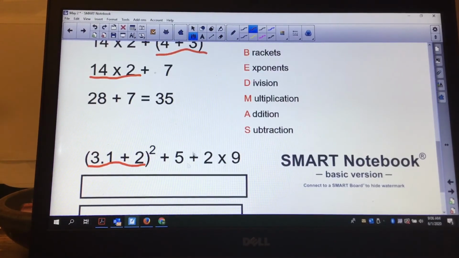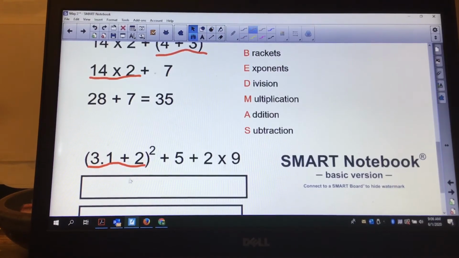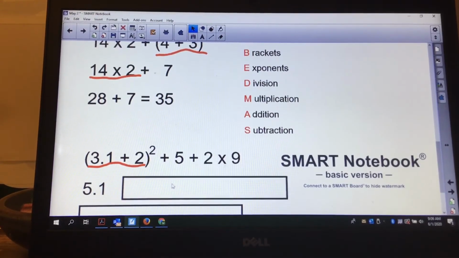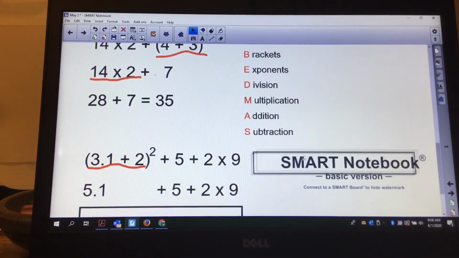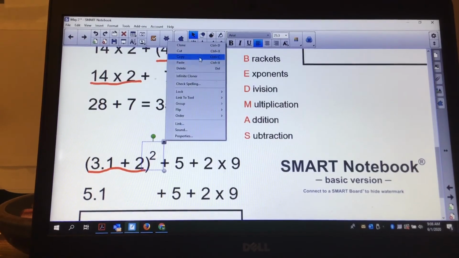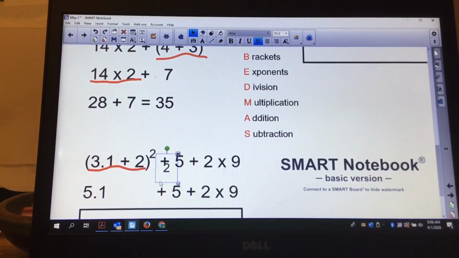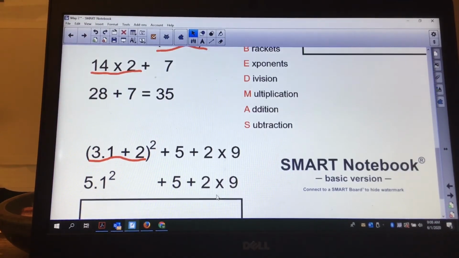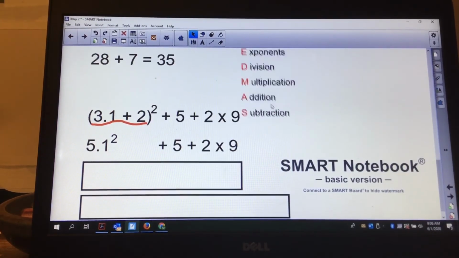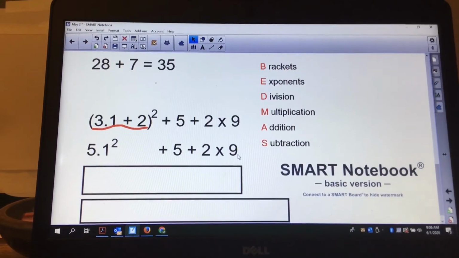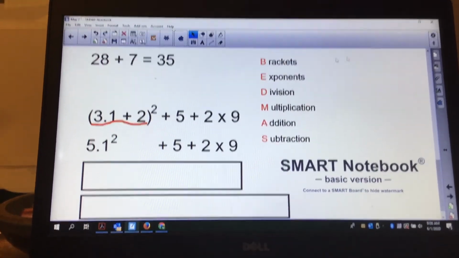I need to get rid of my bracket first. So 3.1 plus 2 is 5.1. I've still got my power of 2. (5.1) to the power of 2. Plus 5 plus 2 times 9. Okay, I've got rid of my brackets.